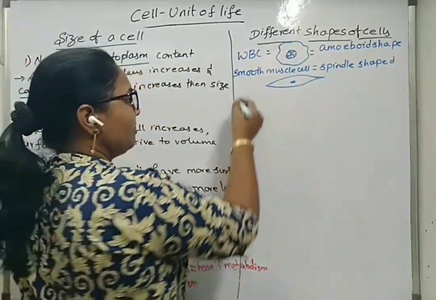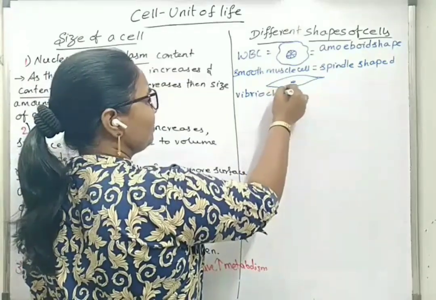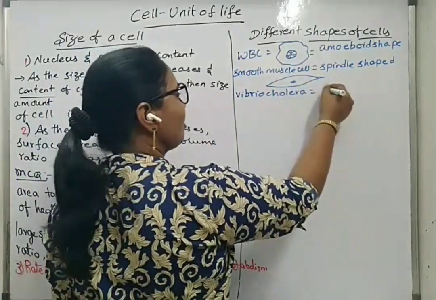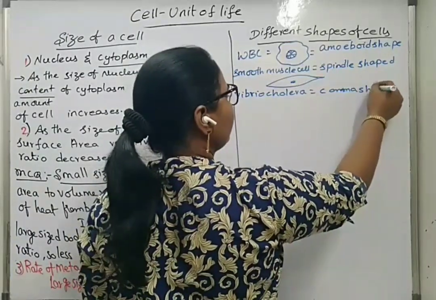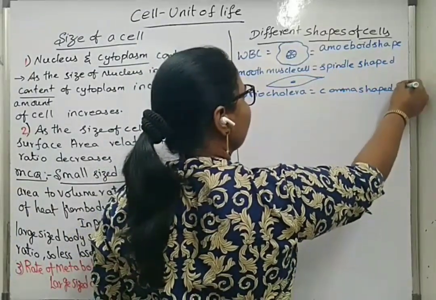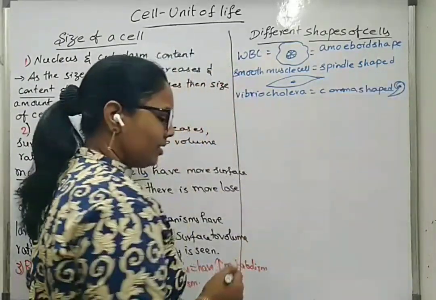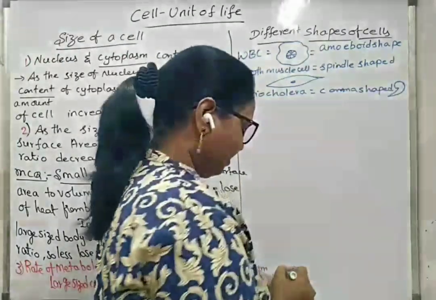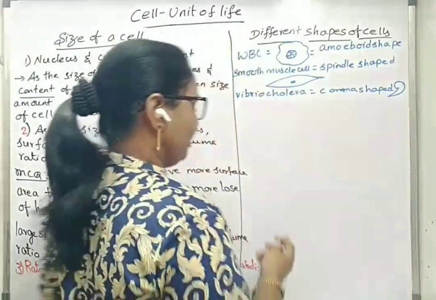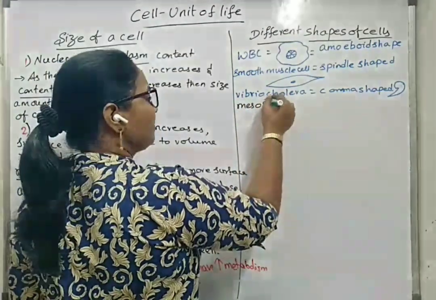Next, Vibrio cholerae, bacteria, comma shaped. Next, mesophyll cells in plant body.